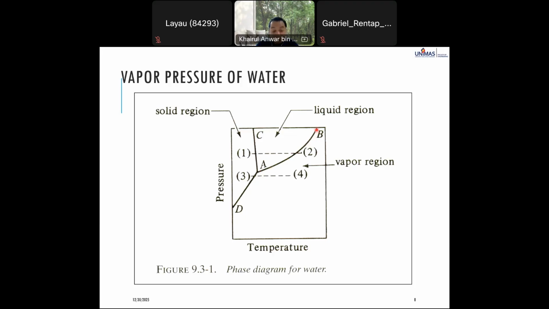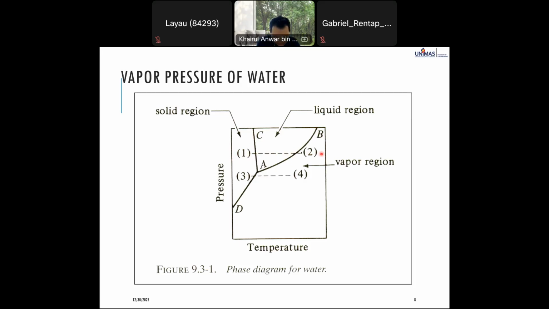So if ice at point 1 is heated at constant pressure, meaning the pressure is the same here, the temperature rises and the physical condition is measured as moving horizontally. So it can only move from solid to liquid then vapor.